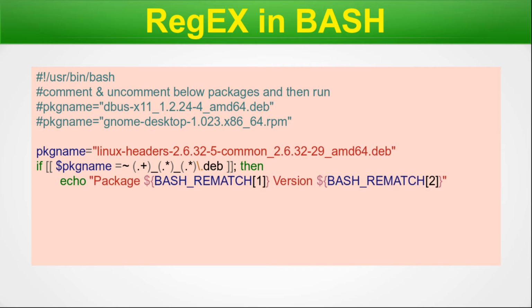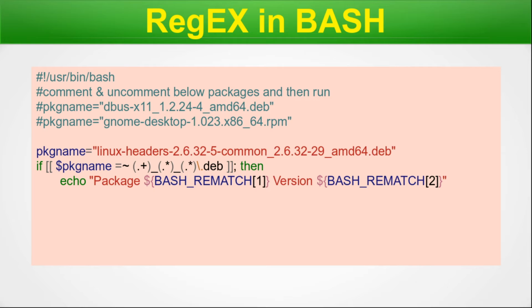And here we write echo package, then check, this is a very new thing to you, dollar BASH_REMATCH, then 1. So this is an array which will contain each group that is identified by the pair of parentheses, and this will be stored in an array.